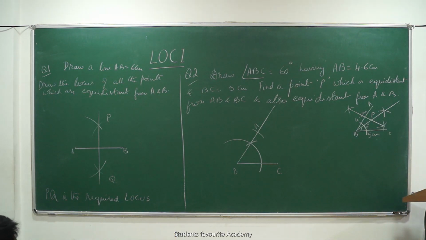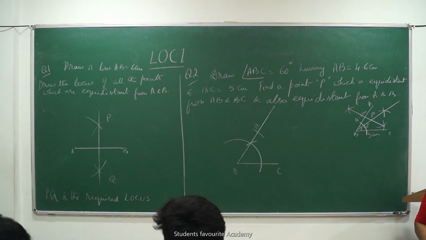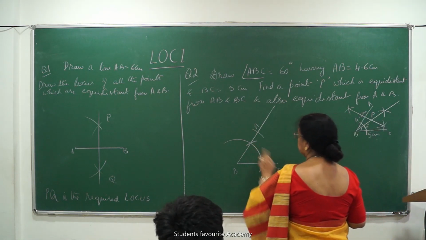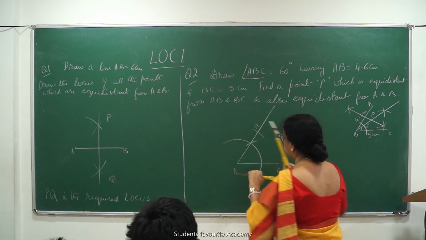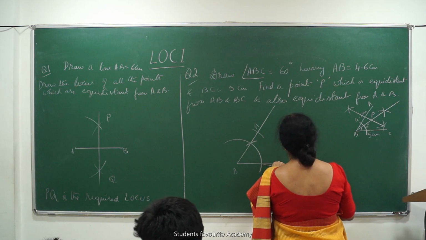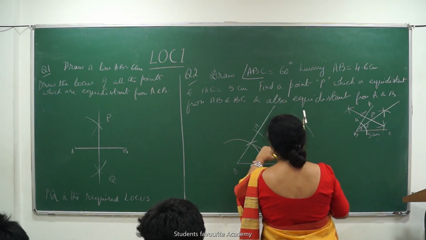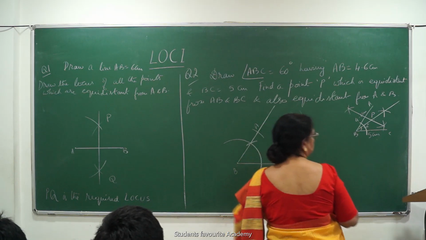Now for the angle bisector, take any convenient radius. Already this arc is there. So from this point again change the radius, increase the radius, so the diagram will look neat. From this point draw one arc without changing the radius, and from the other point draw another arc.